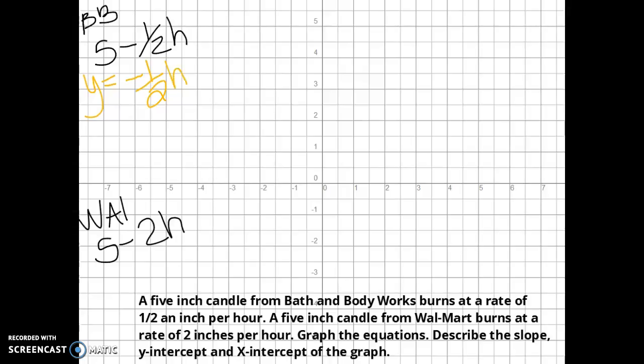I know that because the rate of burning is a half an inch per hour, and the rate of burning for the second graph is 2 inches per hour. And we know that rates are ratios, which are changes in y over changes in x, which is slope. I know that we start with 5 inches, which is a positive.